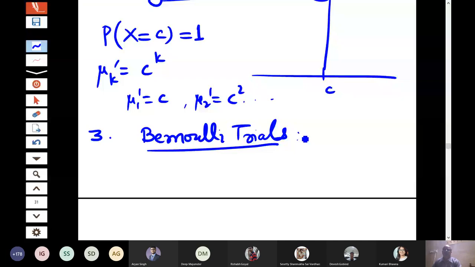If an event is conducted, it is conducted successfully or not successfully. In a game, you win or lose. So there are a large number of such physical phenomena where the outcome is recorded into two parts only.